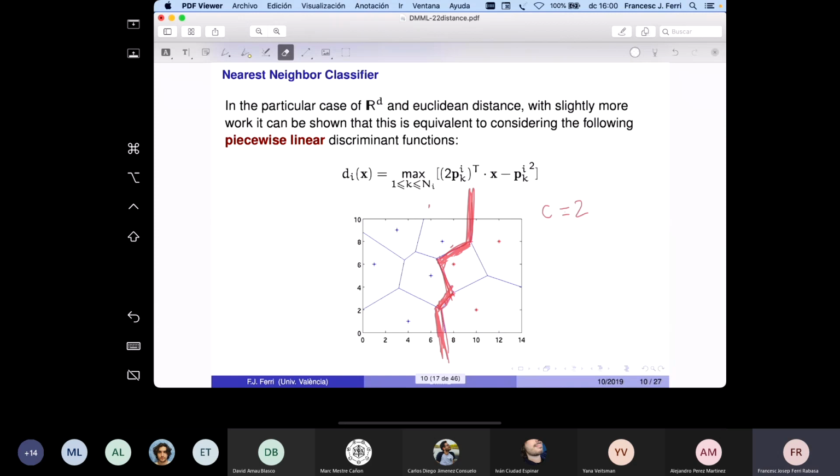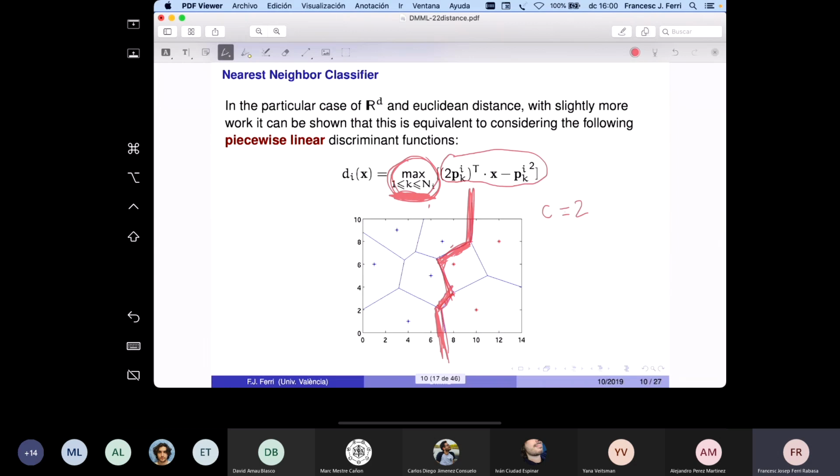Mathematically, the expression is the same kind of distance functions, discriminant functions, the same kind, but then there is a maximum that goes through all the prototypes of each class.